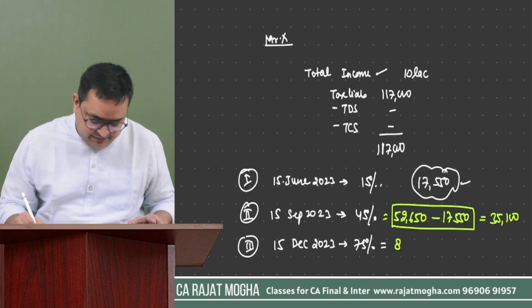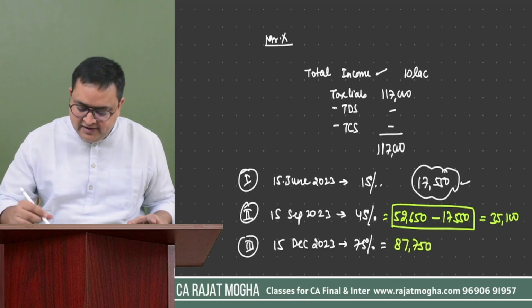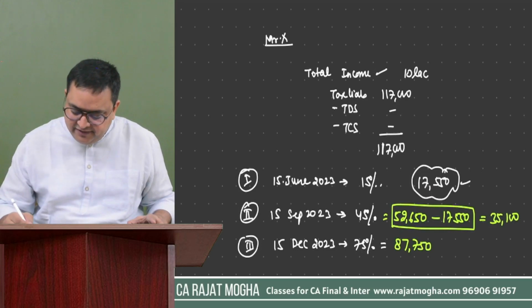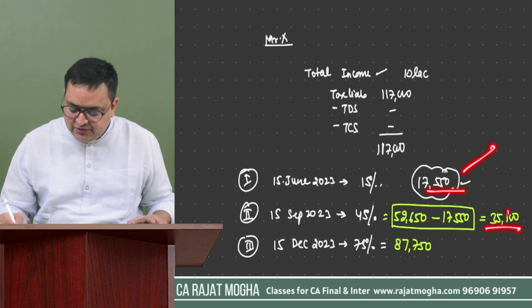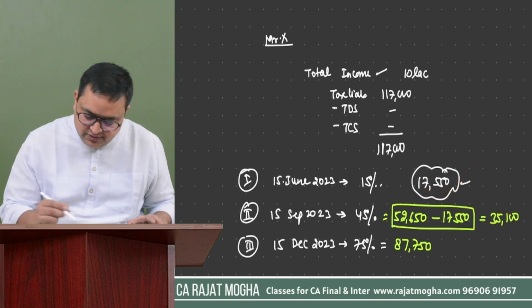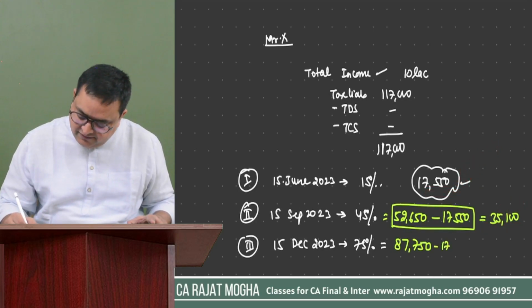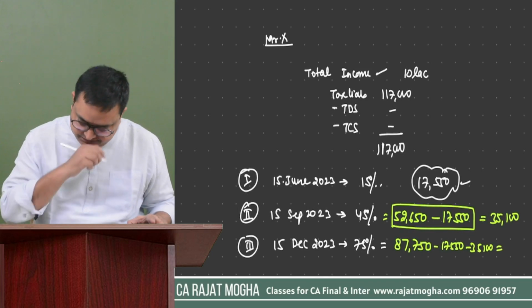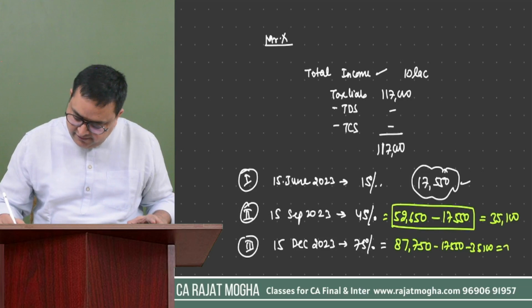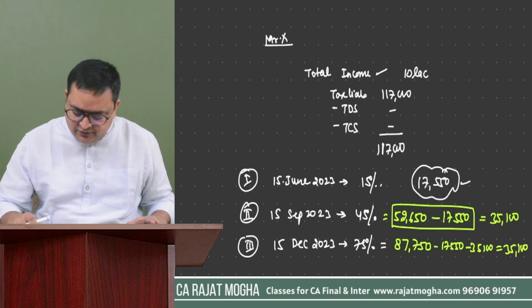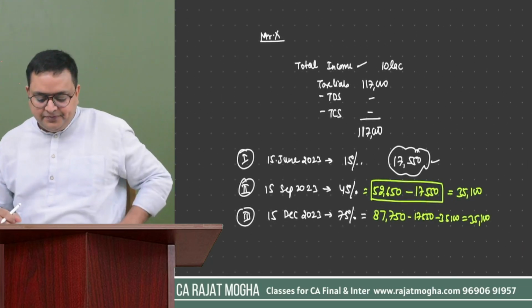That is, he should deposit 87,750, and whatever he has deposited earlier, he will deduct. 17,550 was deposited in the first installment, 35,100 was deposited in the second installment. He will deduct these two, minus 17,550 minus 35,100. Okay, he has deposited here also, and this person was a very genuine assessee.